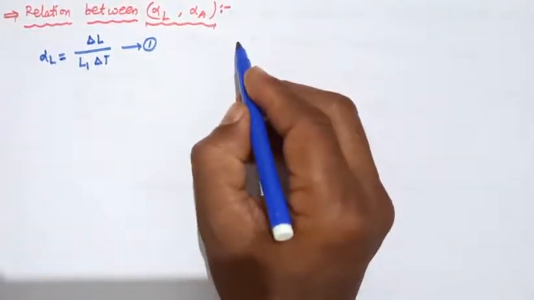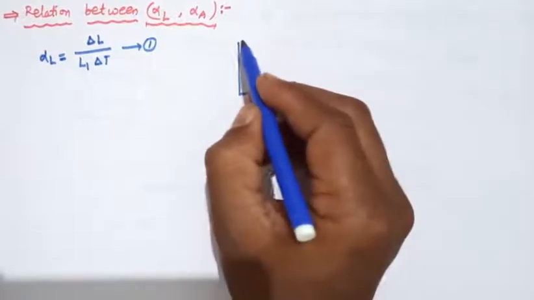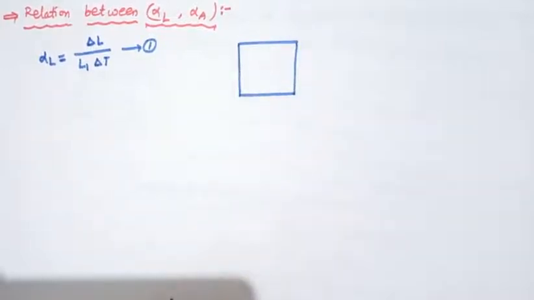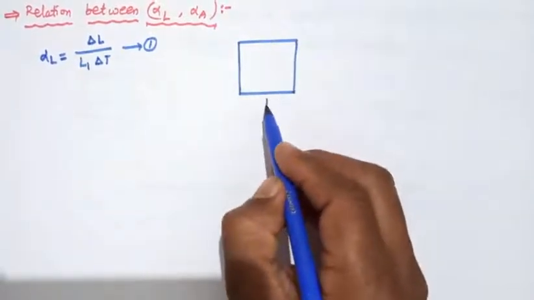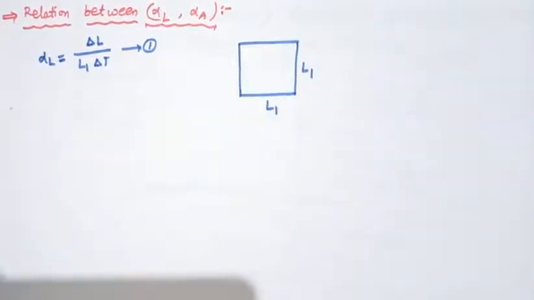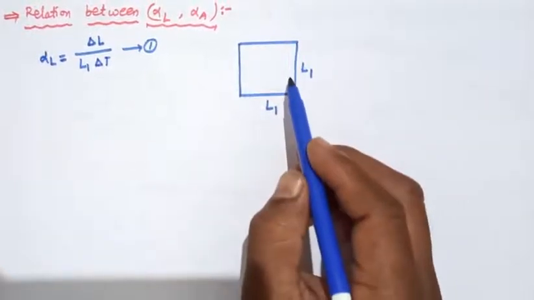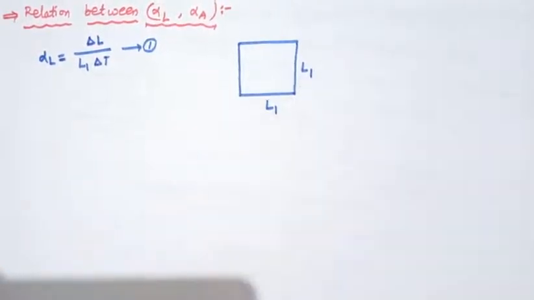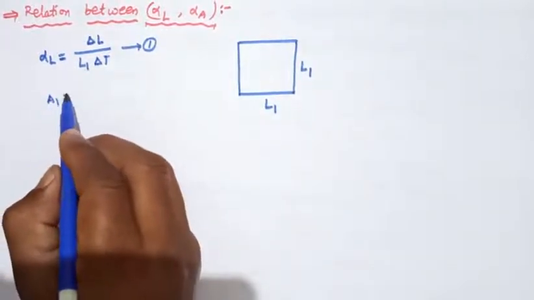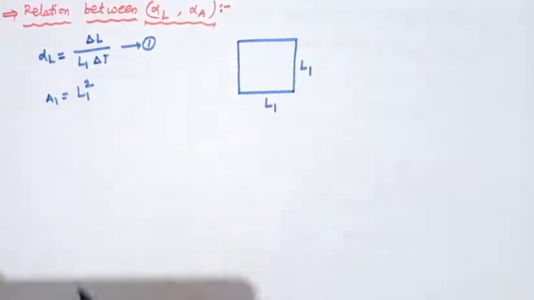So we consider a square steel plate. The side is L1. The initial area equals L1 into L1, L1 square.